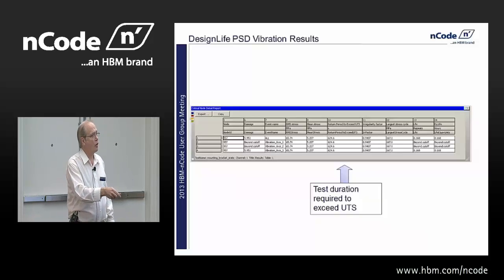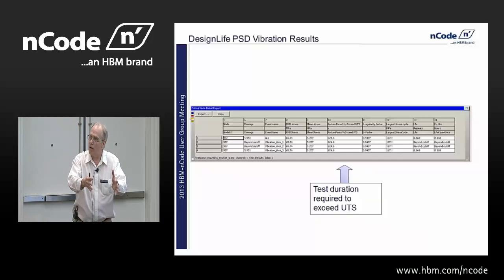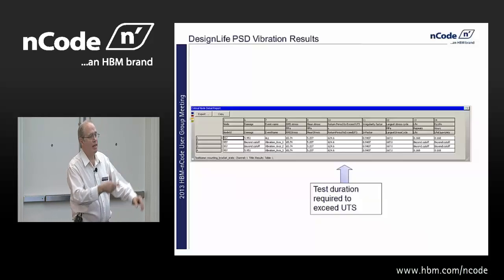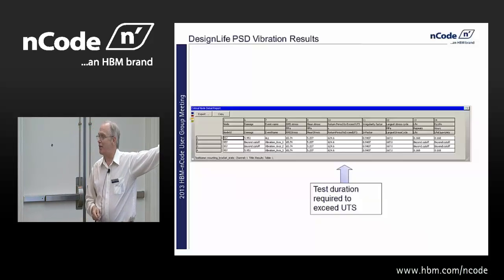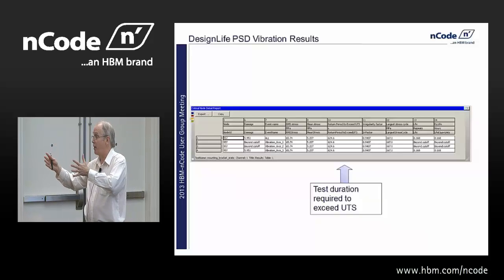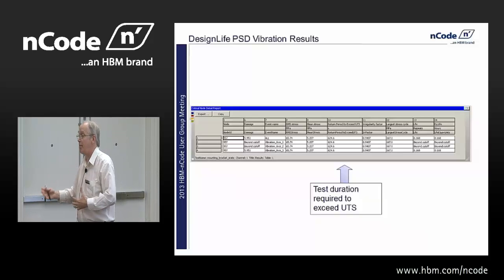This is really useful in letting you make a decision of whether I'm looking at static failure or at fatigue. If I'm hitting UTS in a matter of seconds or even minutes, I'm really bumping against static failure. If this is a very large number, then obviously I'm looking at fatigue damage.